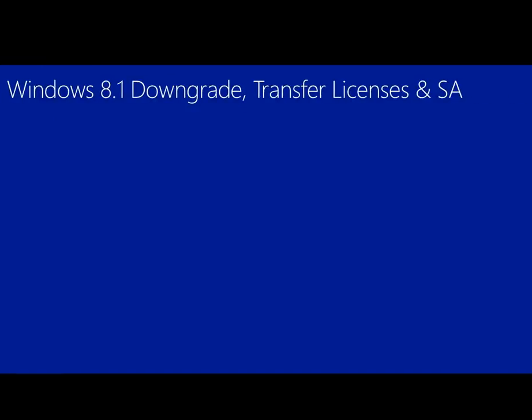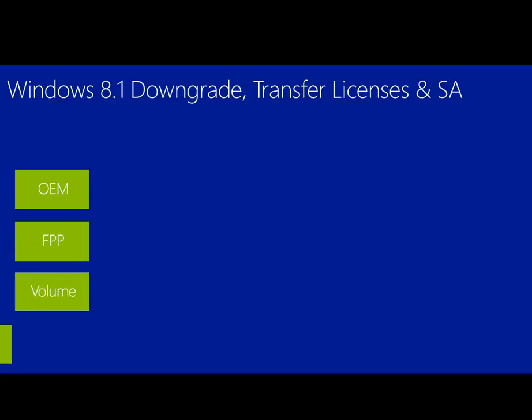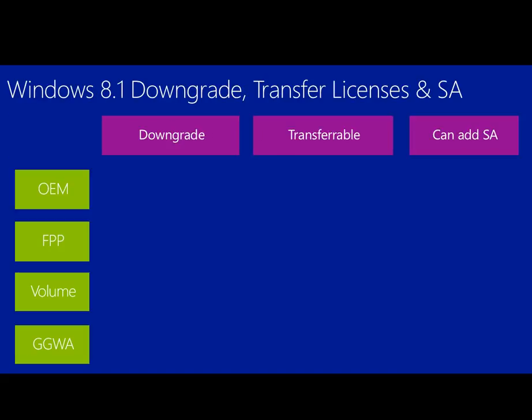Now, this is the summary of the licensing: whether you can downgrade, whether you can transfer the licenses, and whether you can add software assurance. First, for OEM, FPP, Volume, and GGWA. By the way, just an FYI, this licensing, the downgrade, transferability, and adding software assurance, is for Windows 8.1 only.